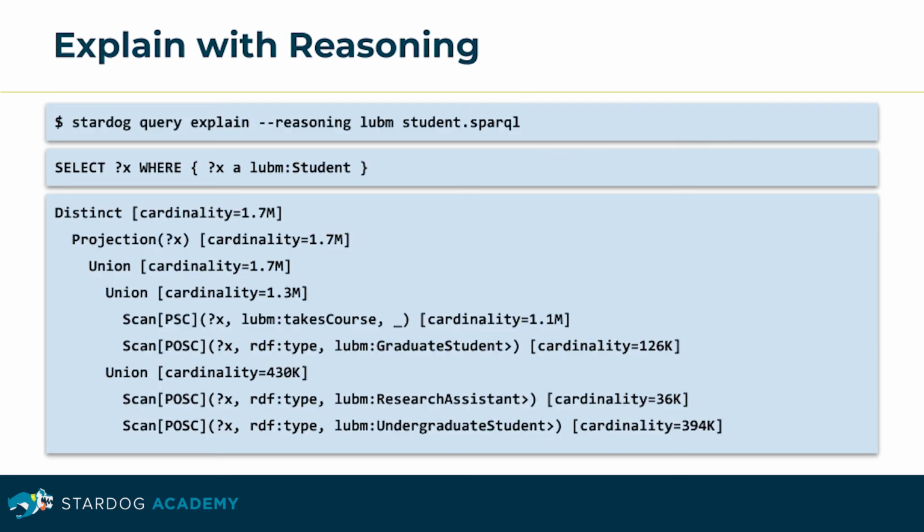So we can use our query explain tool with the --reasoning parameter to see how the query is rewritten when reasoning is turned on. And so here we know that student has some subclasses like graduate student, research assistant, and undergraduate student. And when reasoning is turned on, we see that this has been rewritten so that we union them all together. This completes the section on tools and examples.